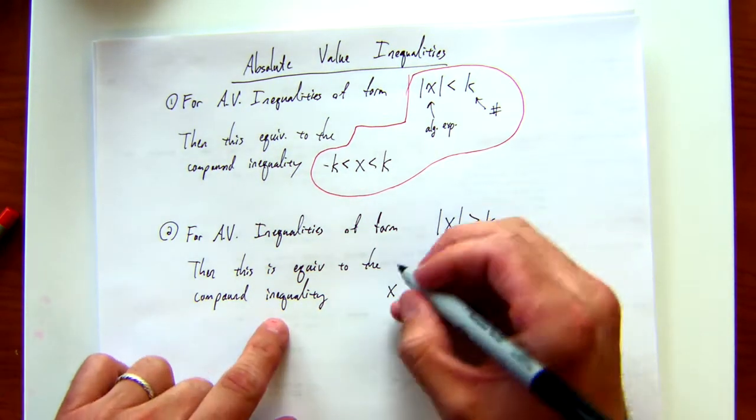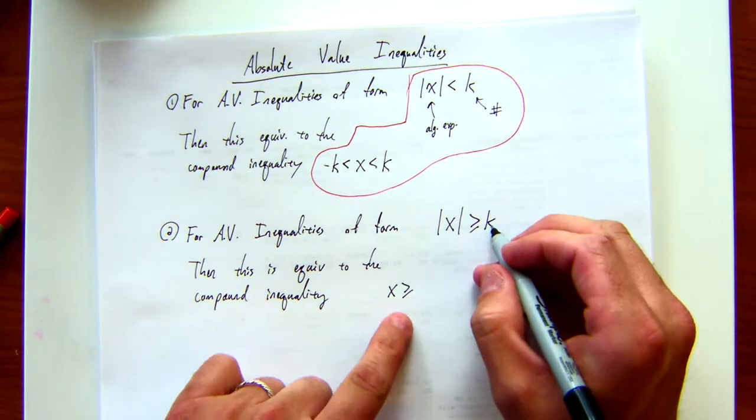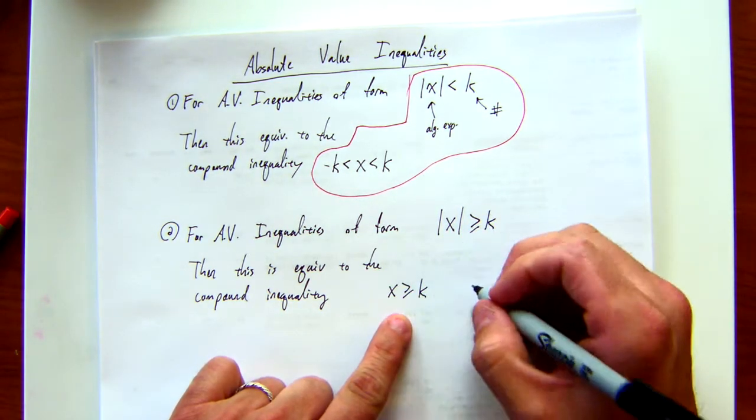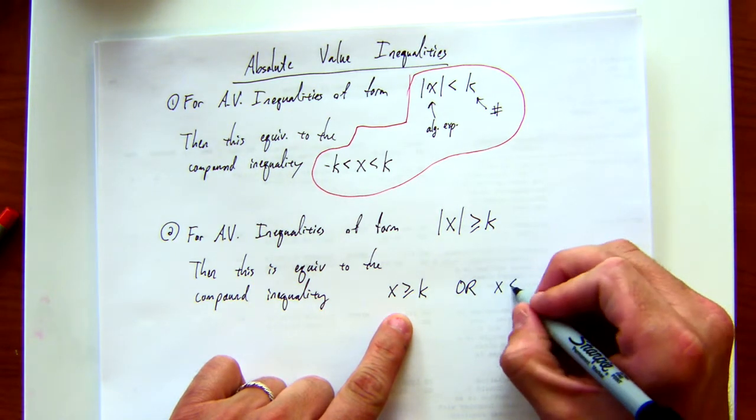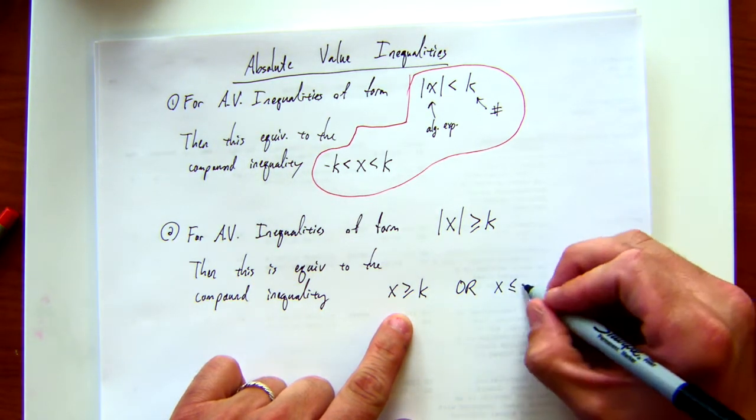X is bigger than or equal to the positive piece, or X is less than or equal to the negative.